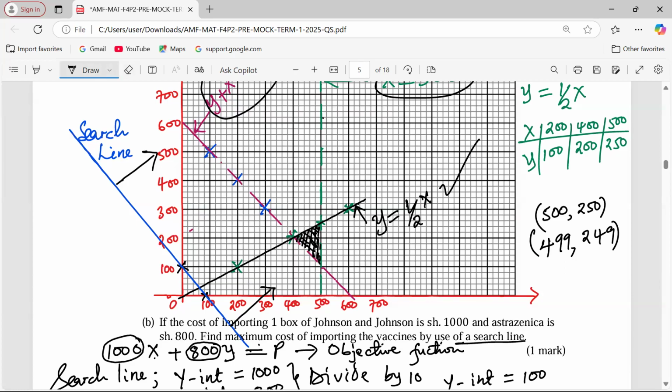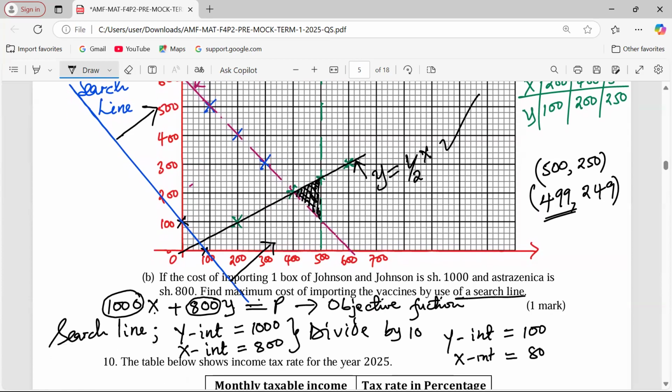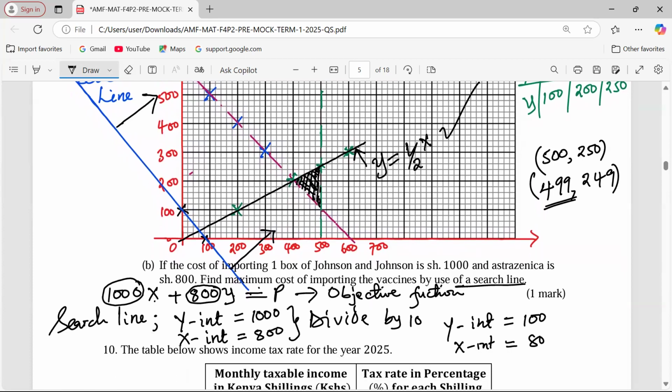Or we check with the 249. What are we going to have as the value of y? That is when we consider the points on the required region. So we'll be having 499 and 249, slightly before that region.